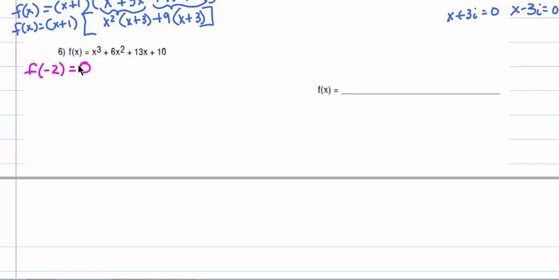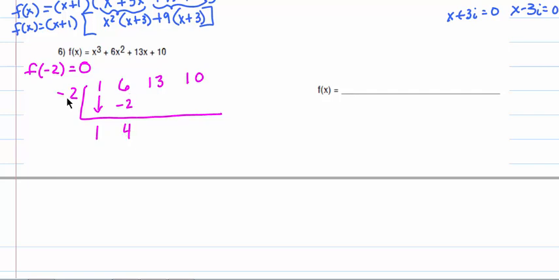Now I'm going to use my synthetic division. Negative 2. 1 coefficient, 6 coefficient, 13, then my constant 10. Bring down my 1. Negative 2 times 1, negative 2.